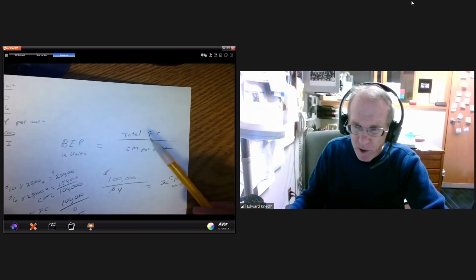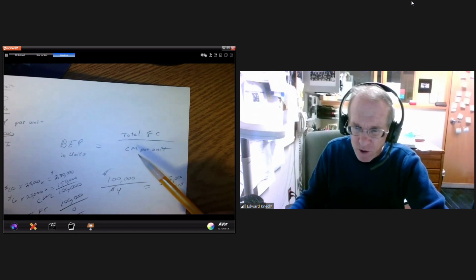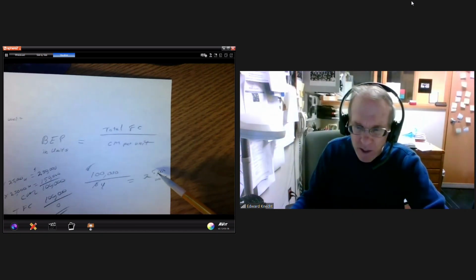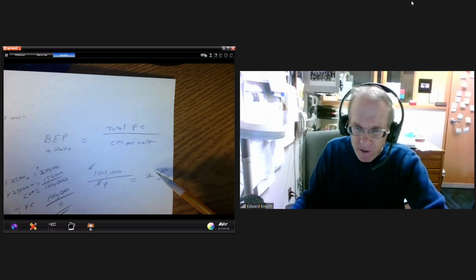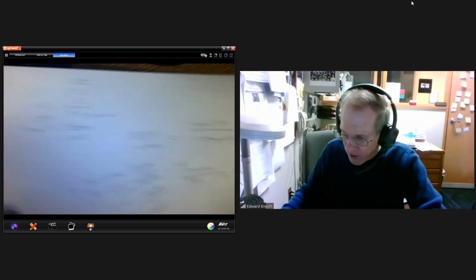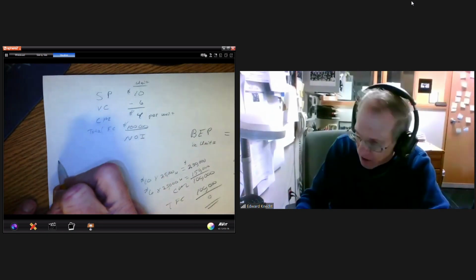How did we calculate the break-even point in units? There it is. Memorize the formula. Total fixed cost divided by contribution margin per unit. So we know we got to sell 25,000 units to break even, right? We can get the dollar sales by changing the formula around just a tad.